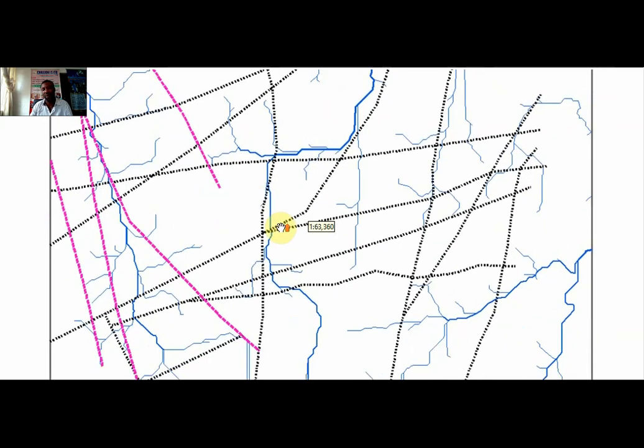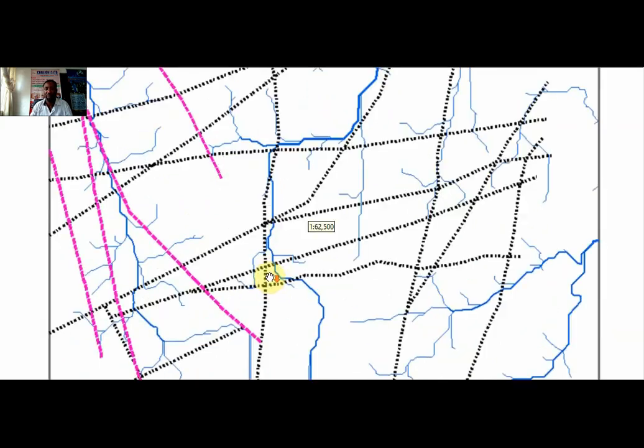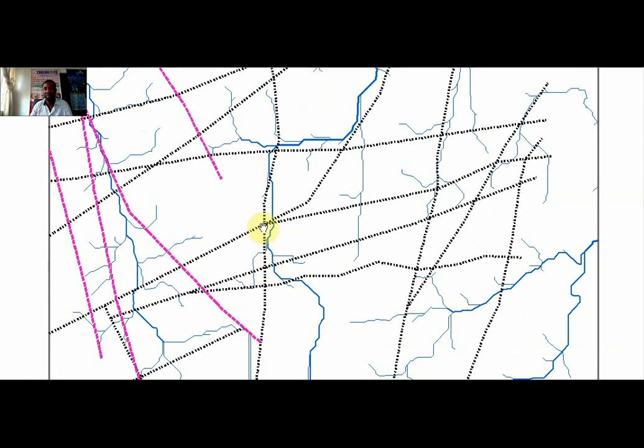Then apart from that, we'll now look at criss-cutting relationships. You can see some criss-cutting relationships at this location, where the points of intersection are very, very important. You can look at this and this and this.